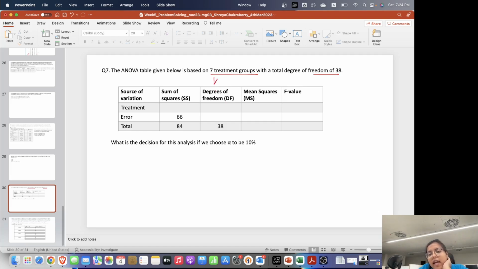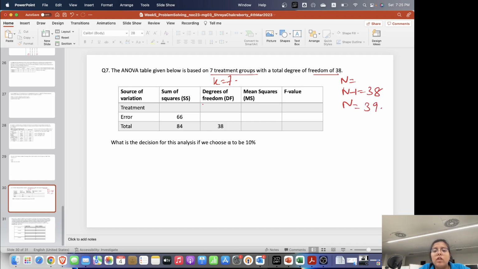So K here is 7. Total degrees of freedom is 38, so n minus 1 is 38, then n is 39.